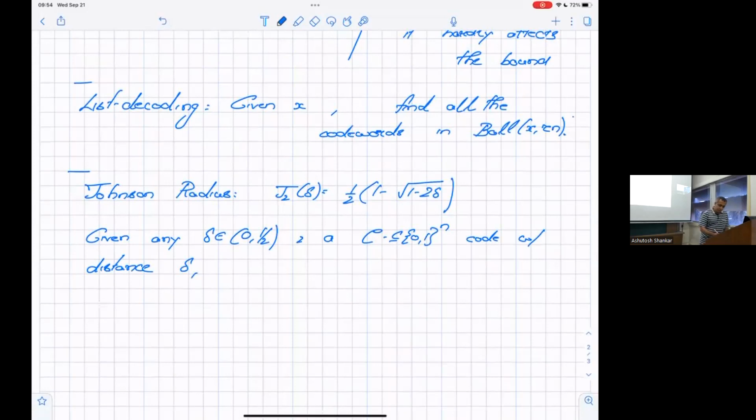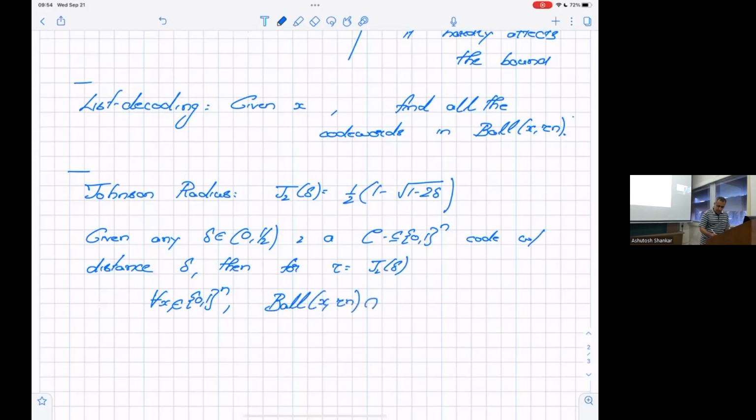Then this property is satisfied. Then for tau equal to J2 delta, we have that for all points x in 0, 1 to the n, the ball of x, tau n intersect C is at most of size n plus 1. That's sort of a common union.